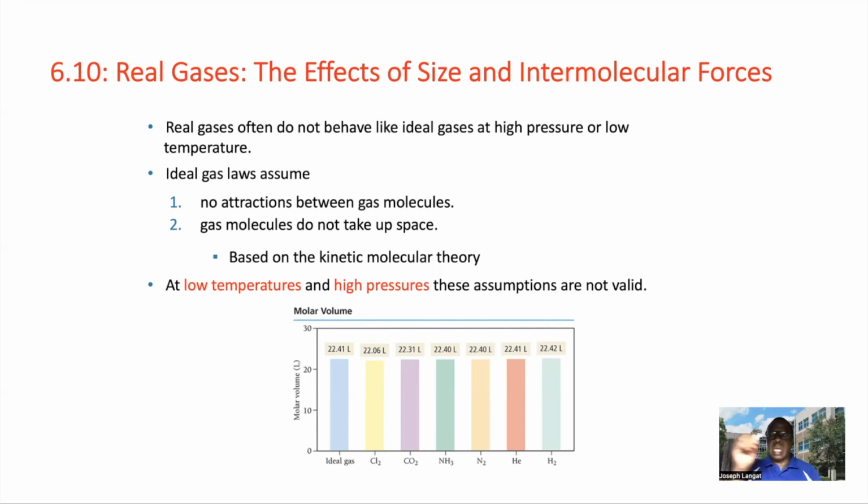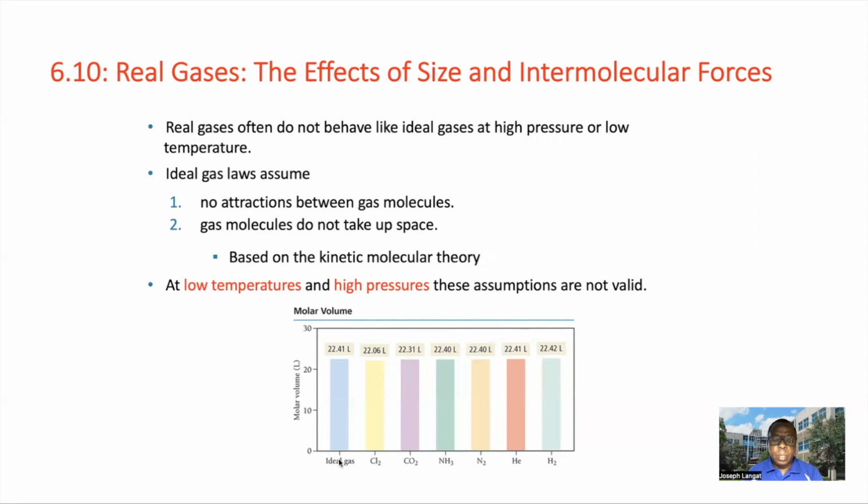Remember what I used to circle in there? Some space will still be occupied by gas molecules, based on the kinetic molecular theory. So at low temperature and high pressure, these assumptions are no longer valid for real gases.